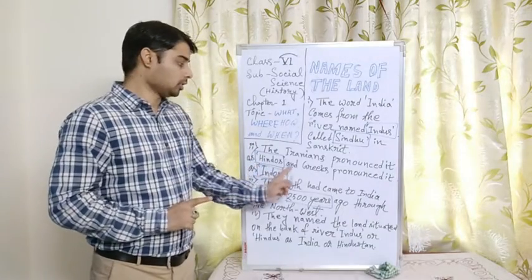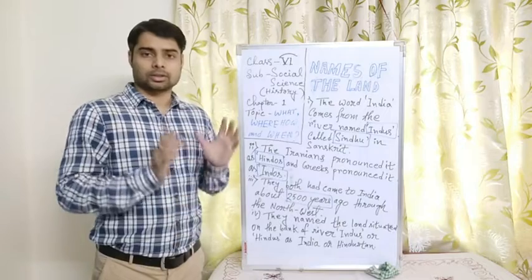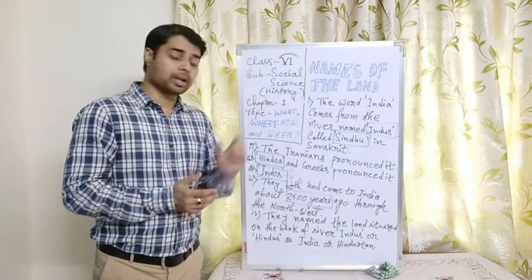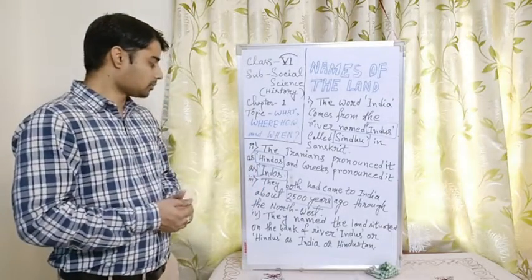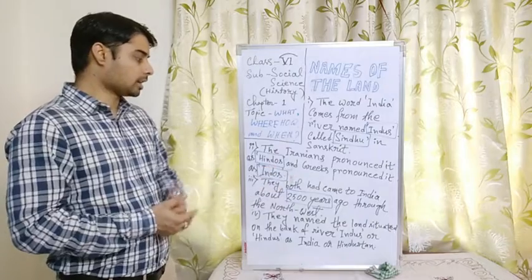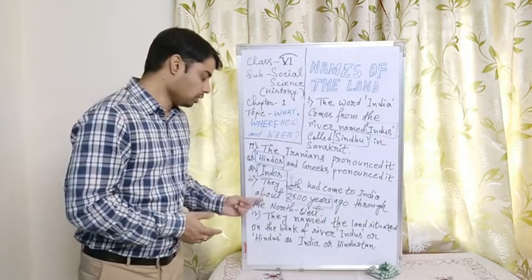The Greeks pronounced it as Indos. They also could not pronounce the S properly. Both had come to India about 2500 years ago through the northwest.